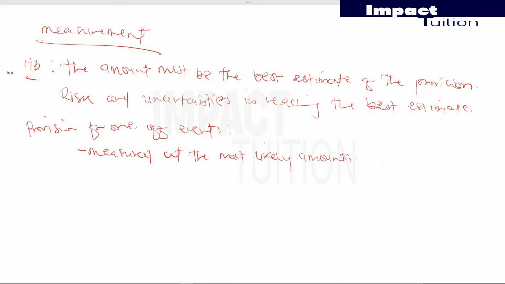Provisions for large populations of events are measured at a probability weighted expected value. So, for example, warranties and customer refunds. Because it is not one-off, we will put together all the probable returns if it is customer refunds, and then we weight them and come out with an amount for those provisions.